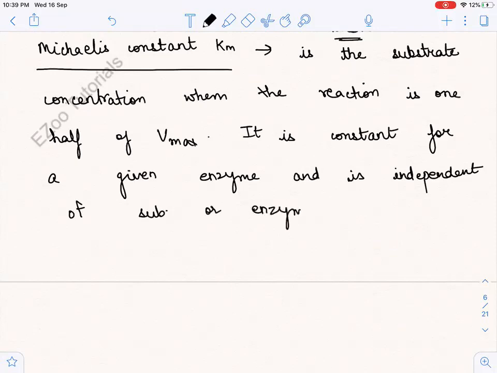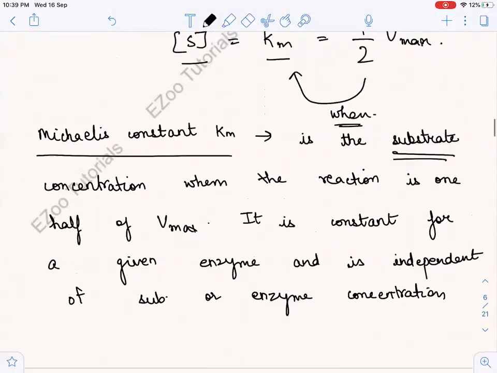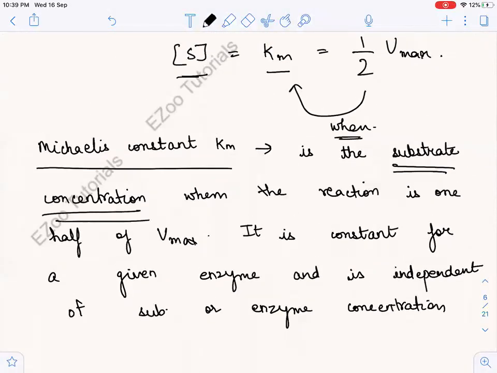So we have derived it and seen what this line is saying. It is the substrate concentration when the reaction is 1/2 of Vmax. And this is the Michaelis constant Km.